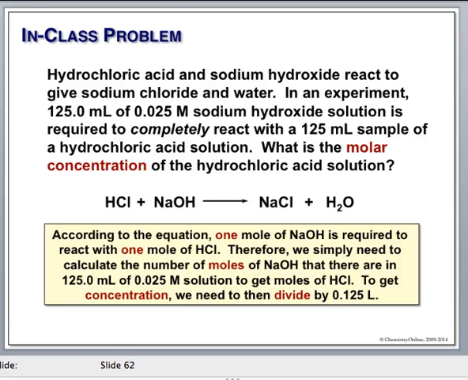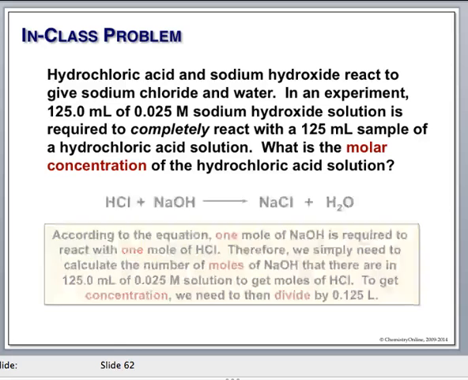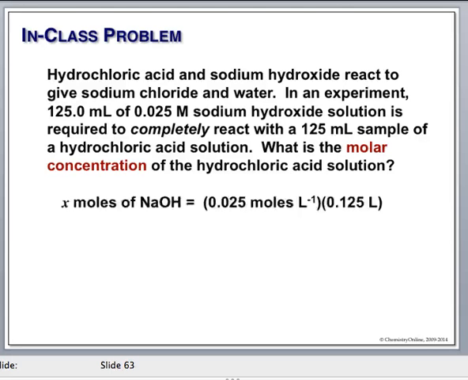And if we know moles of HCl and its volume, we know its concentration. So step one, moles of sodium hydroxide. Concentration times volume is moles. 3.13 times 10 to the minus 3 moles.